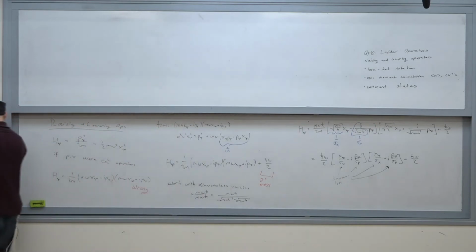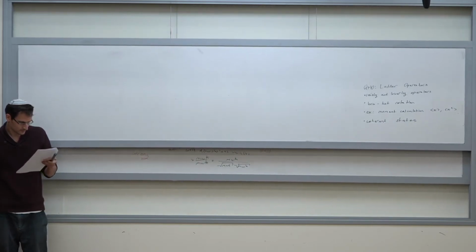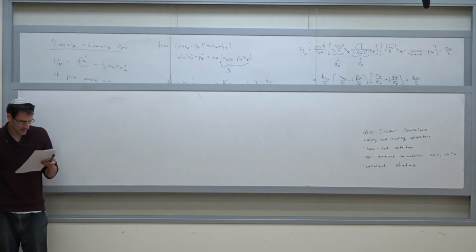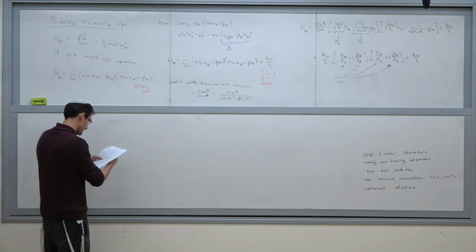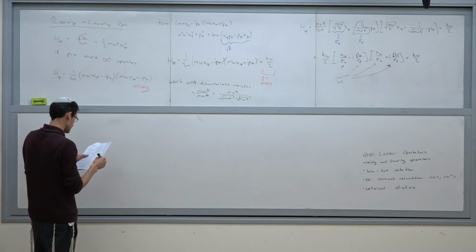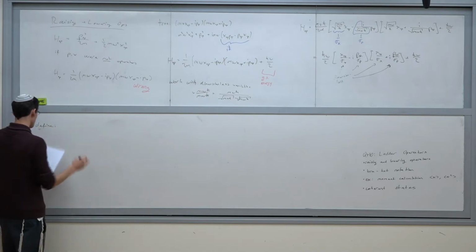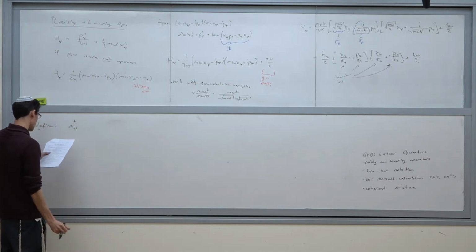Now we're in a place where we can define the raising and lowering operators. Why they are called raising and lowering, we'll see in a second. But notice that the first bracket and the second bracket are simply the complex conjugate of each other. So I will define something we call a raising operator.